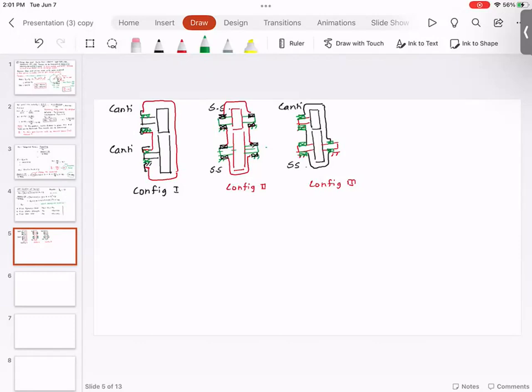So you can go for the appropriate dimensions and then find out the values of the bending moment, the values of torque, and so on and so forth. So what I'm going to do is I'm going to assume this configuration.